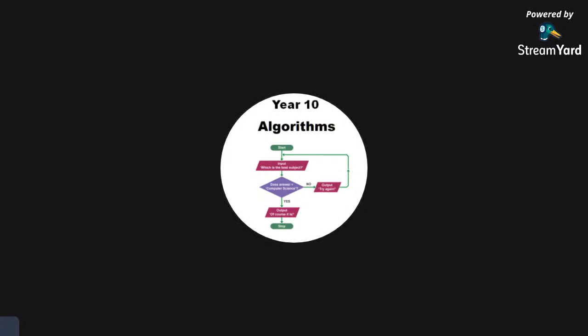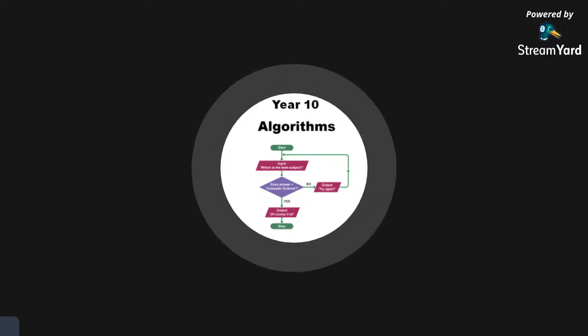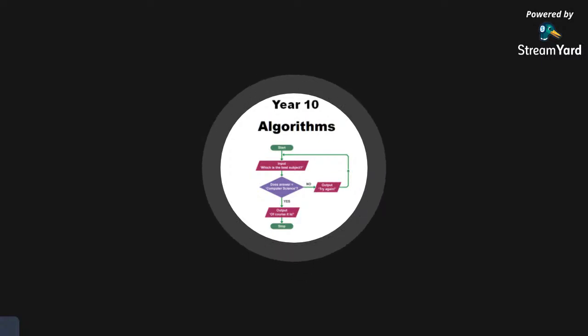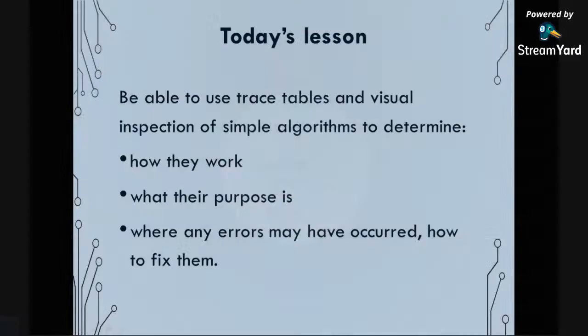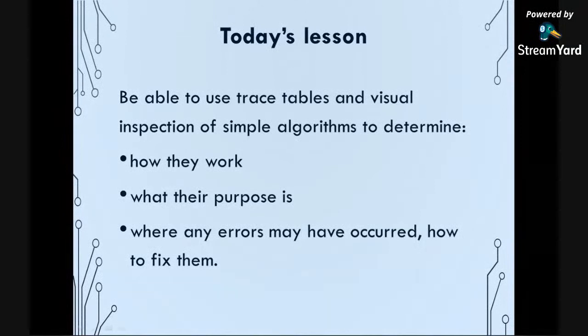So we've been looking into algorithms and all the different ideas behind those. Today's lesson, we're going to be looking particularly at trace tables. We're looking at simple algorithms to try and work out how those trace tables work, what their purpose is, where any errors have occurred, and how to fix them.